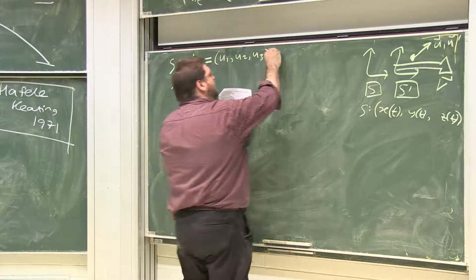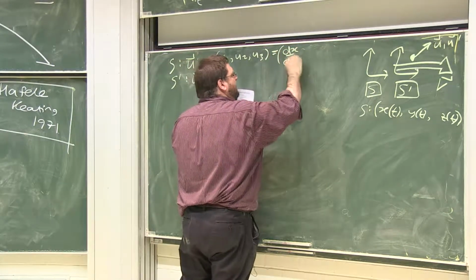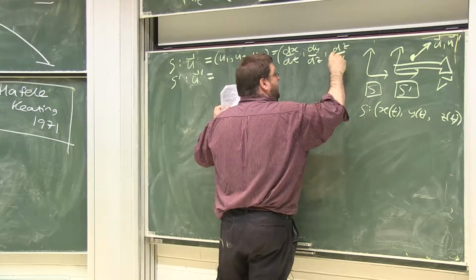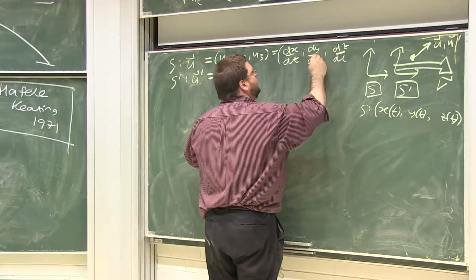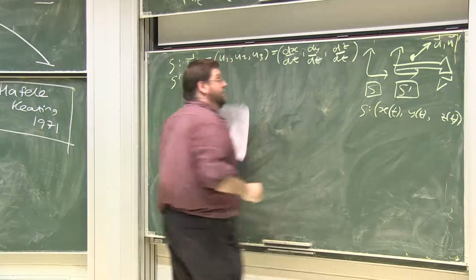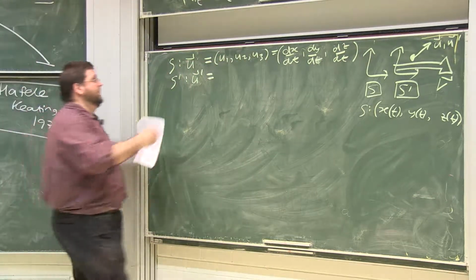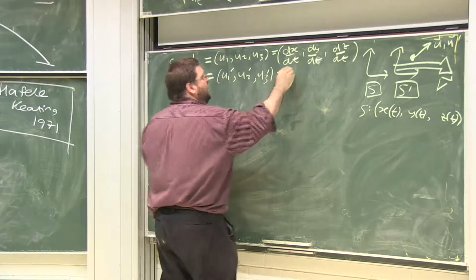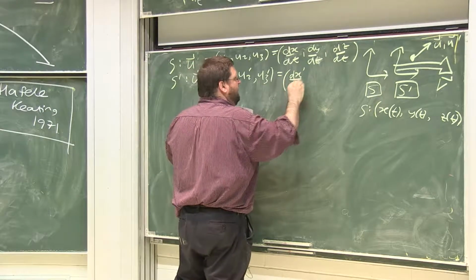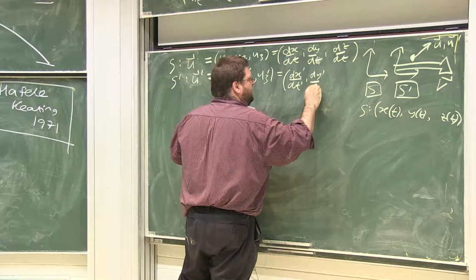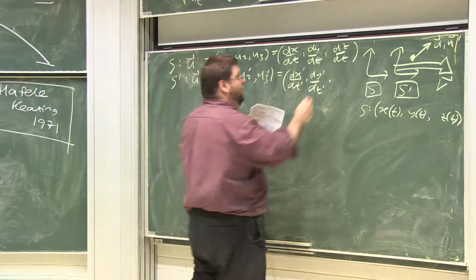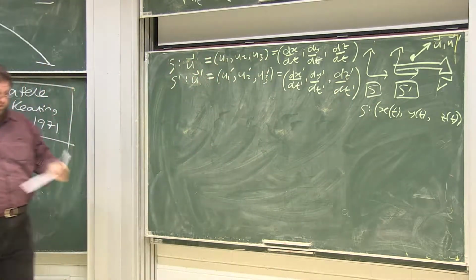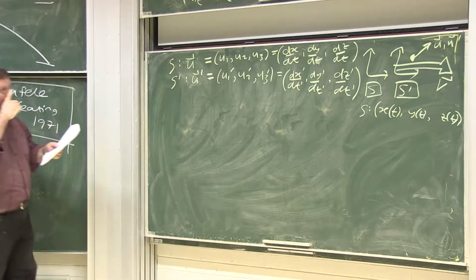So when I write down dx/dt, dy/dt, etc., I'm considering X, Y, and Z to be functions of the time t according to inertial frame S. Similarly for S prime, the velocity U prime has these Cartesian components, which are going to be dx prime/dt prime, etc. Again, notice that both the coordinates and the times are changing. And this is where our differential form of the Lorentz transformations are going to help us.